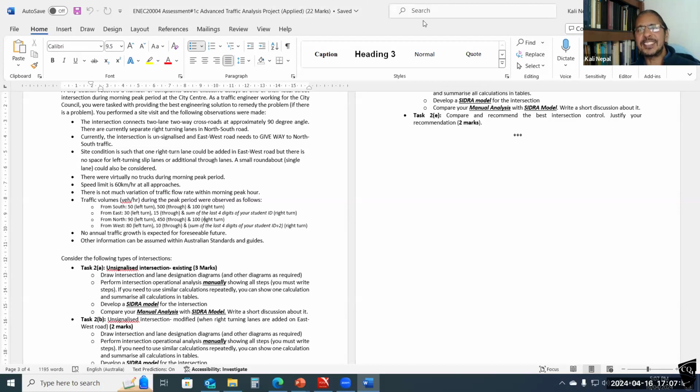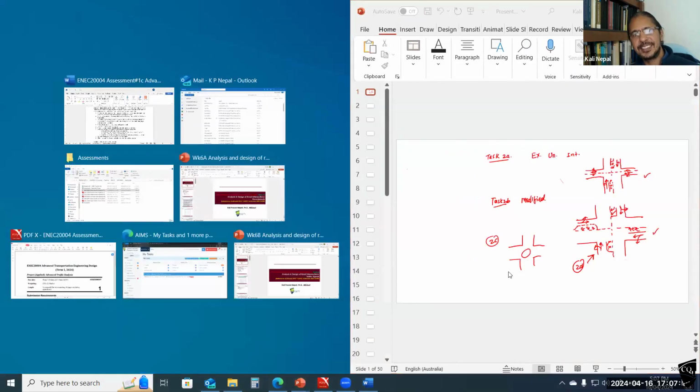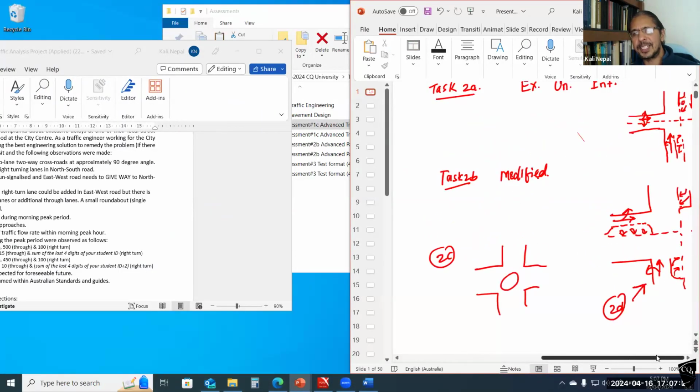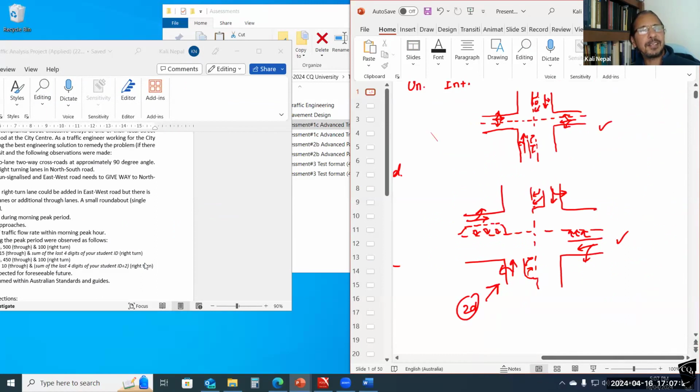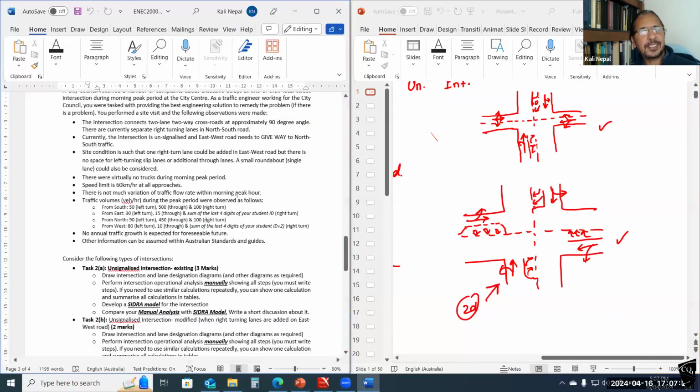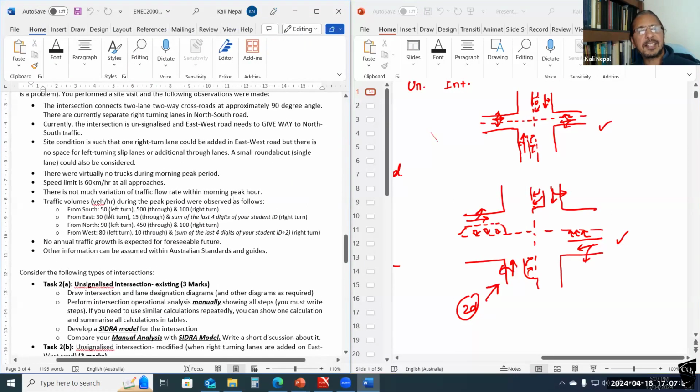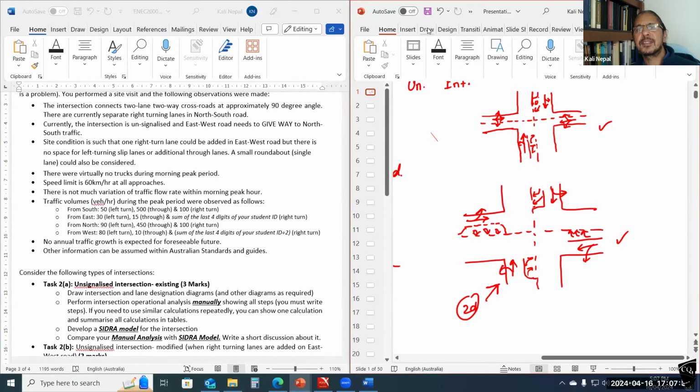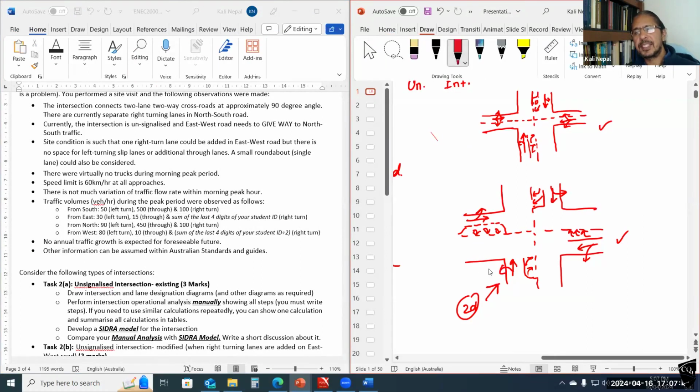Thank you for asking. Maybe I'll do one example, just to make sure you understand. Let's say this is the traffic volume data here. From the south, 50 left turn, 500 through, and 100 right turn.